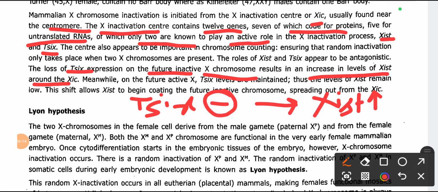On the future active X, TSIX levels are maintained.